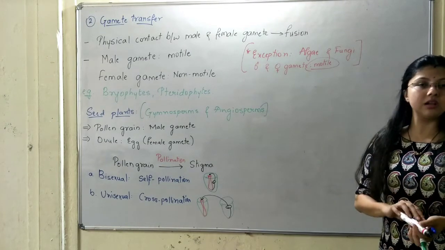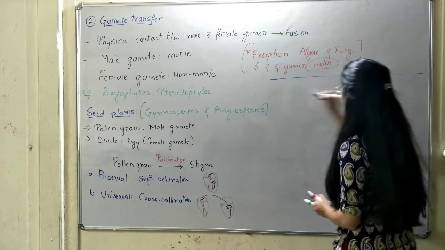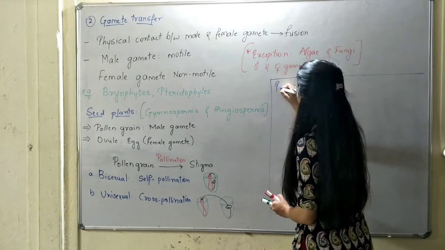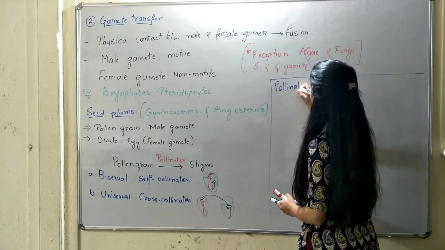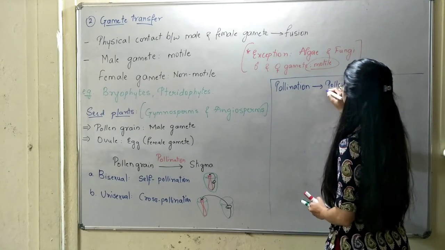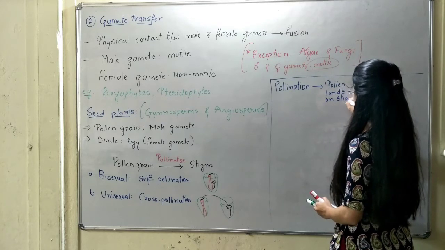Now when you consider pollination taking place in seed plants, there is a series of events which ultimately lead to the process of fertilization. Let us have a look in a flowchart manner at what is going to happen. Because of pollination, the pollen lands on the stigma, right?